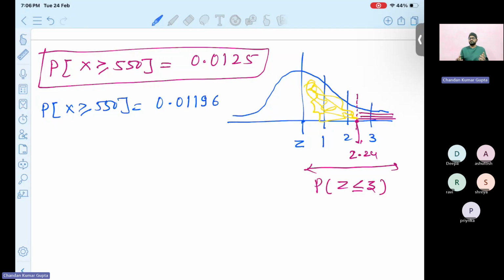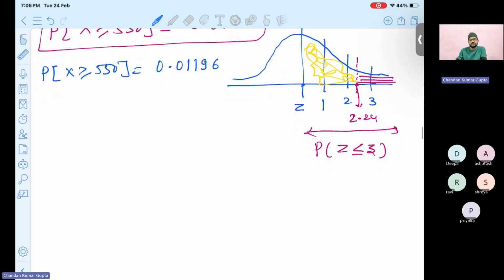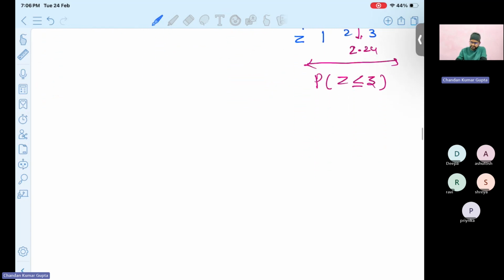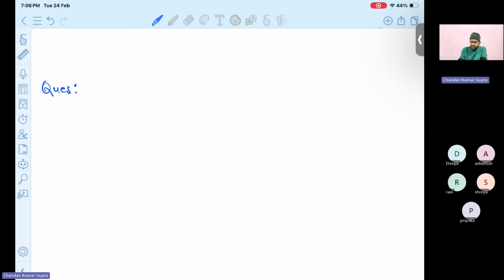So that means it is kind of similar. This is how we use the approximation. Any question up to this point? No? Okay, then we will solve the next question.